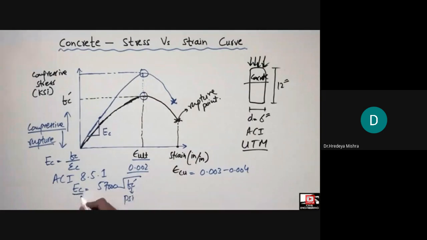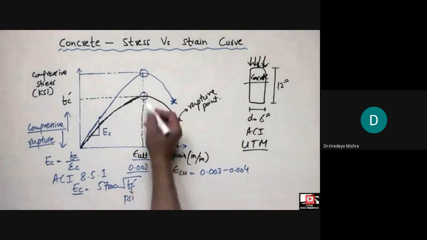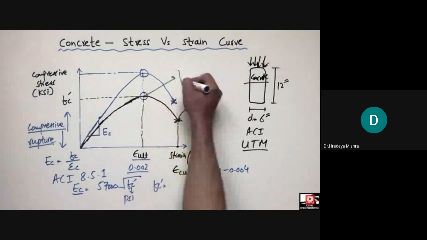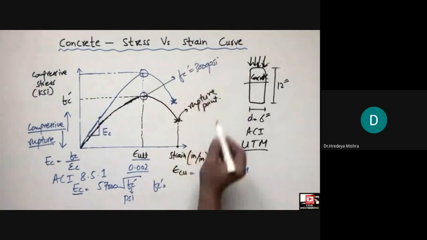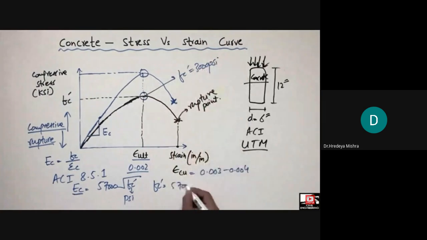So let's suppose my concrete strength reaches a value of 3000 psi, which is a normal strength concrete. If I put 3000 psi here, multiplied with this constant, we get a value of something like 3,122,127 psi.